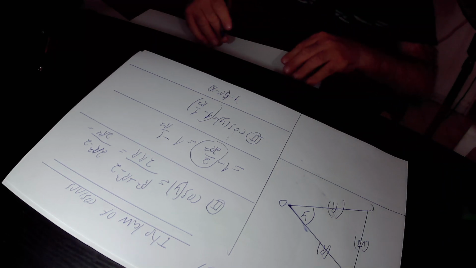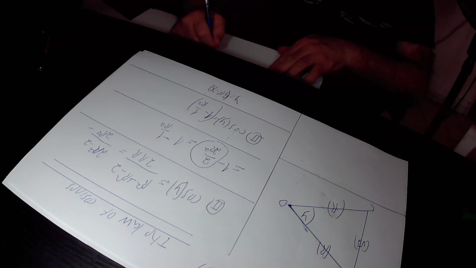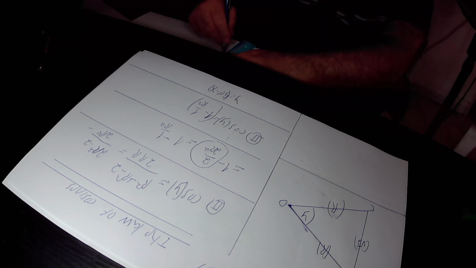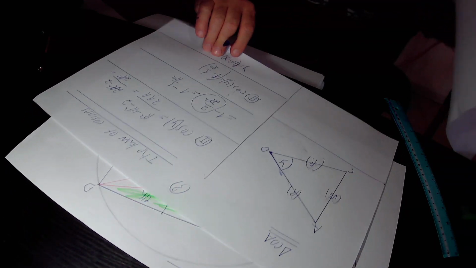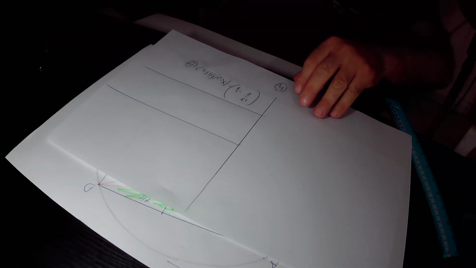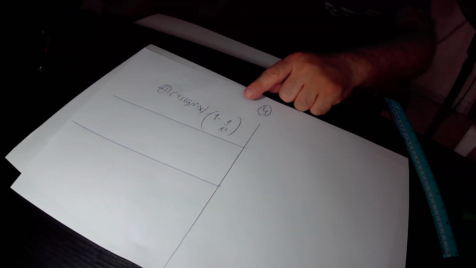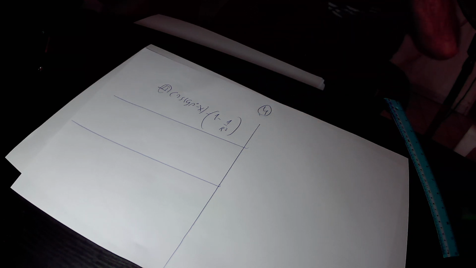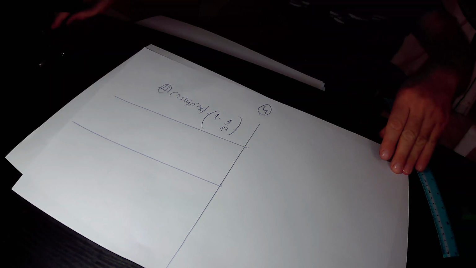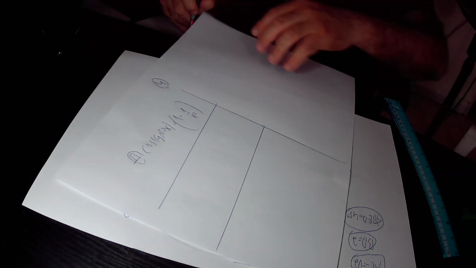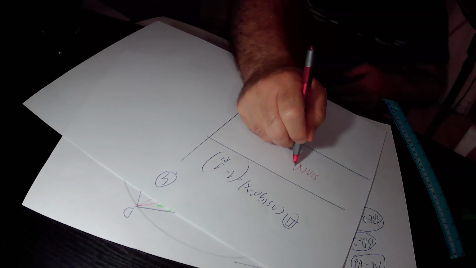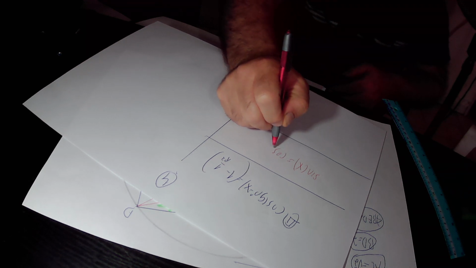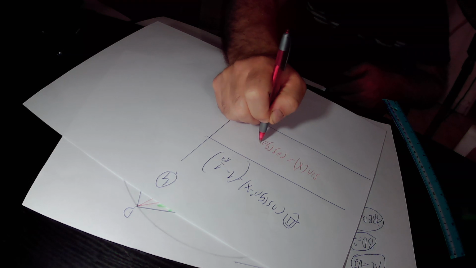So in conclusion, according to equation 2, we found out that cosine of 90 degrees minus x equals 1 minus 1 over R squared. Here we use the trigonometric identity that states that sine x equals cosine of 90 degrees minus x.